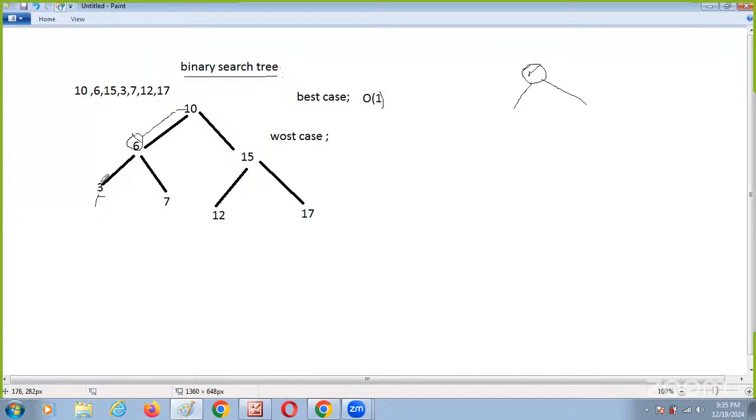It should be lesser than 6. So the element is 3. Yes, the element is matched. So I want to search only the element 3. Maximum how many comparisons are required? 3 comparisons only. What does 3 comparisons mean?